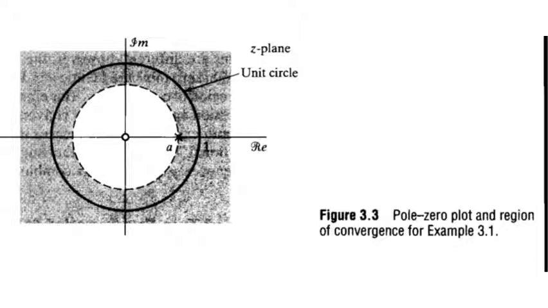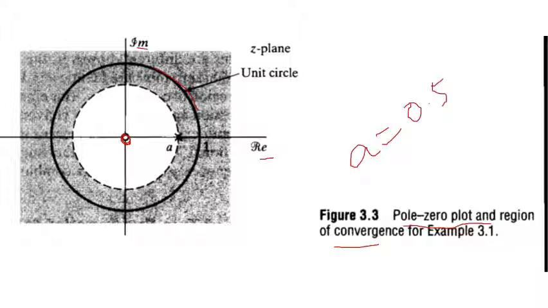So this is the pole zero plot and the region of convergence. So this is a unit circle, the borderline. This is our imaginary axis, real axis, and then we have a 0 at the origin. And then we have a, the value of a that they have chosen here is, let's say, 0.5.